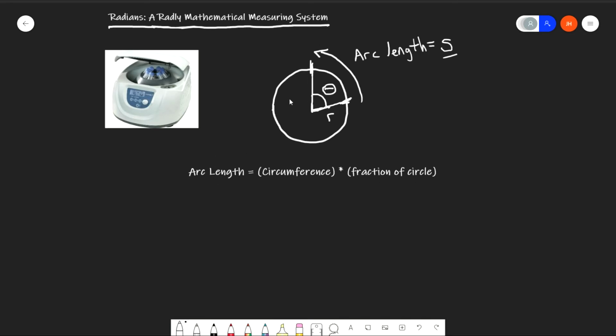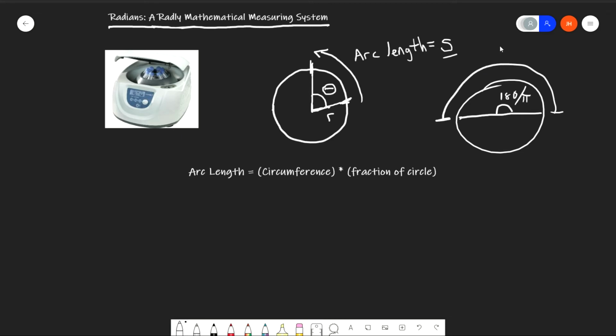For example, if my arc were half of the circle, 180 degrees or pi radians, then the arc length should be equal to the circumference times 1/2. So that's just showing y'all why this formula works.